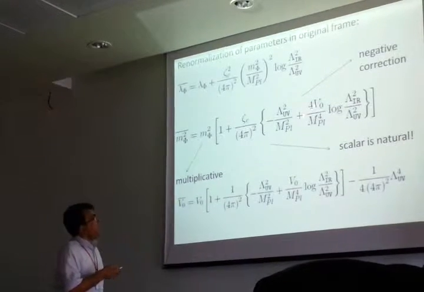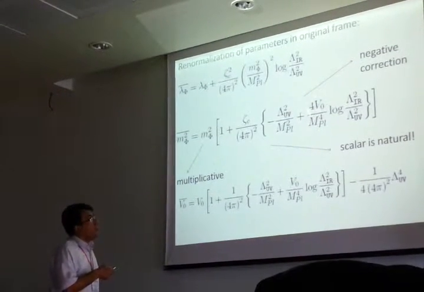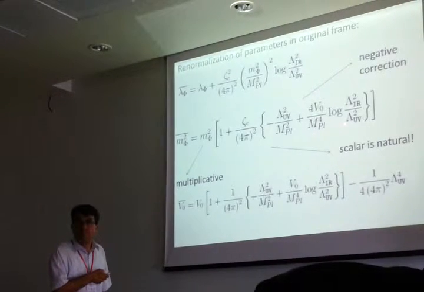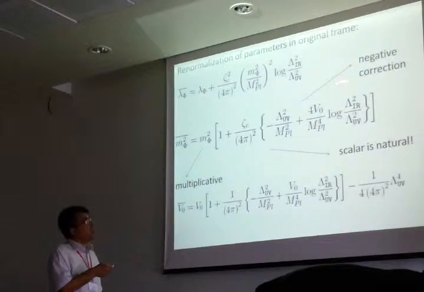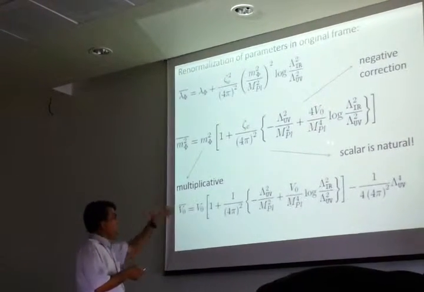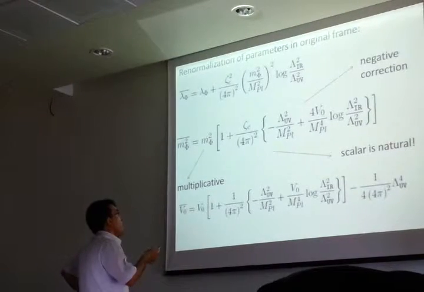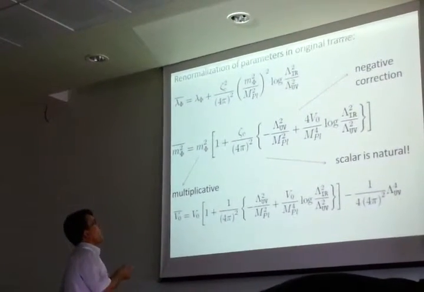And the next one is the logarithmic correction, and as you see, it involves the vacuum energy of the other frame. Its correction involves the vacuum energy in the other frame, not the quartic coupling here, because vacuum energy dictates or determines the quartic coupling in this frame.